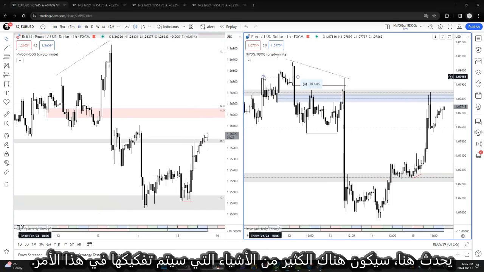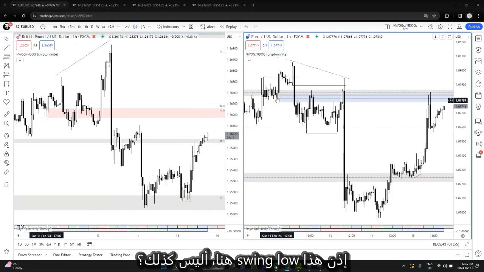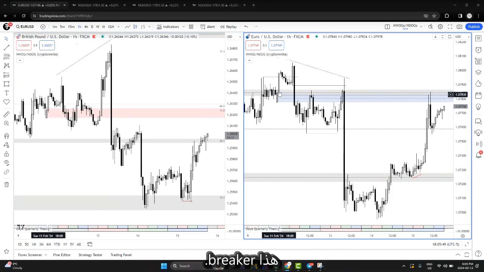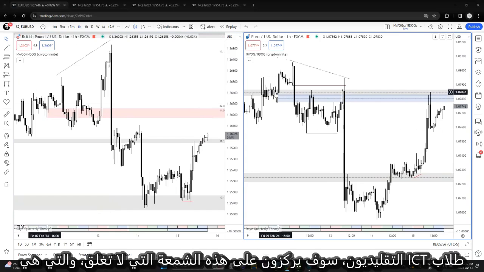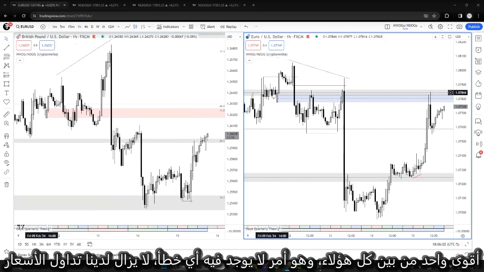And there will be a lot of stuff to unpack in this one. So this swing low right here, this is a breaker. Traditional ICT students would be focusing on this down close candle, which is the beefiest one out of all of these, which nothing is wrong with that.